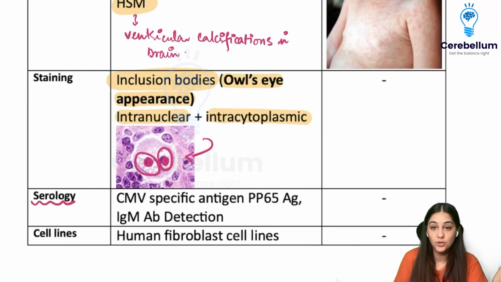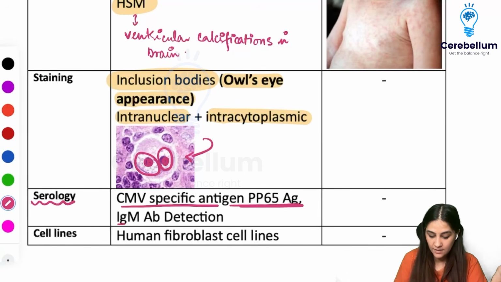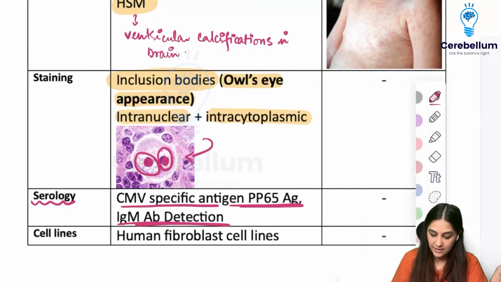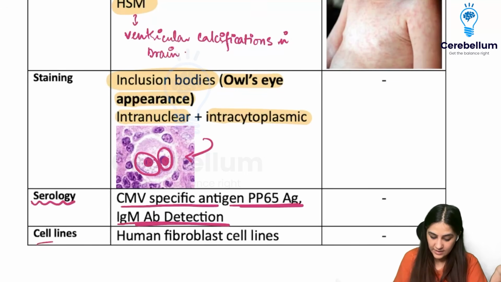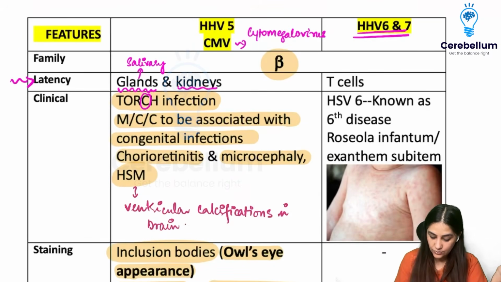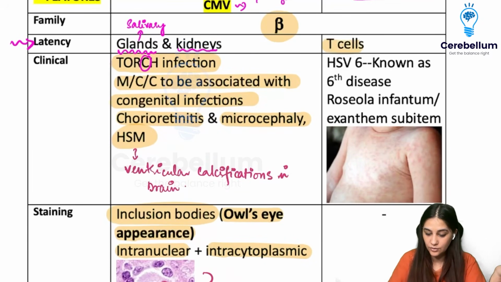When we talk about serology, we are going to do the CMV specific antigen, which is called PP65 antigen, and IgM antibody detection can be done. Finally, the human fibroblast cell lines are the cell lines that can be used for the isolation of CMV.